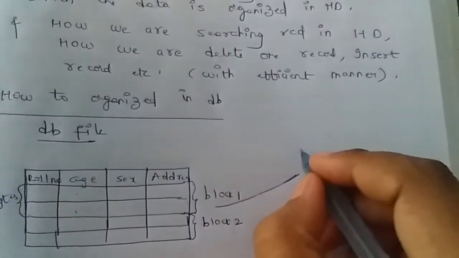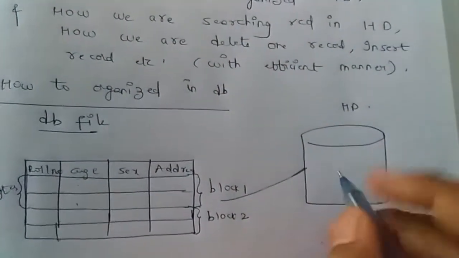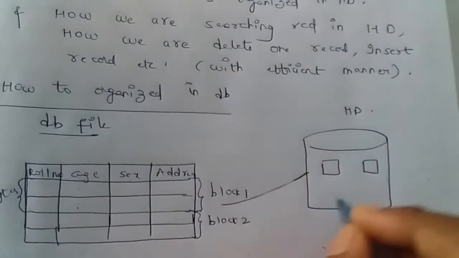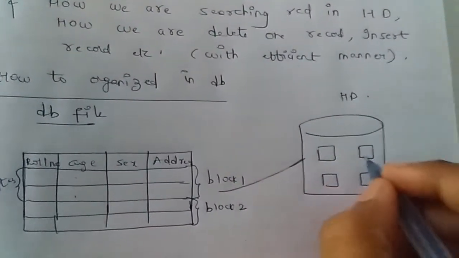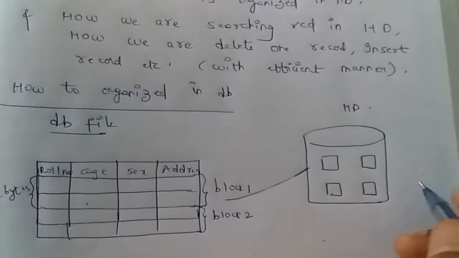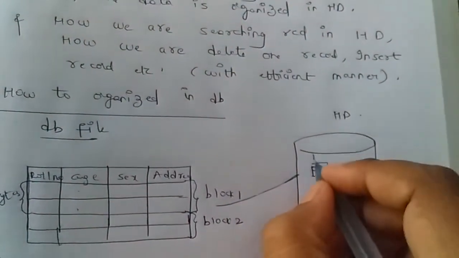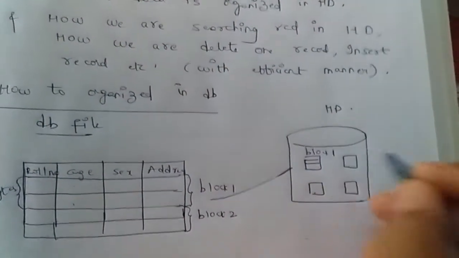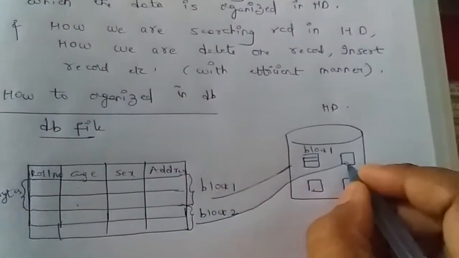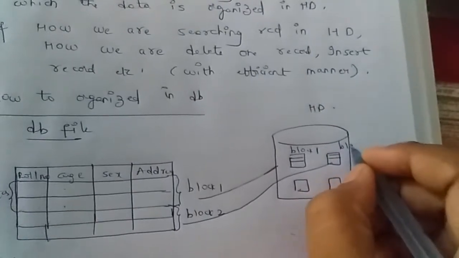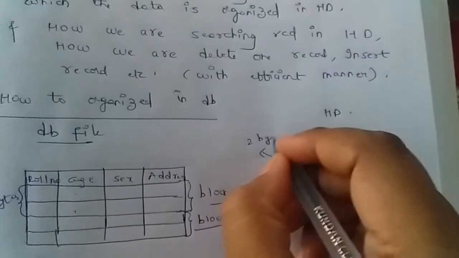Block 1 is stored in the hard disk, which contains 4 blocks: block 1, block 2, block 3, block 4. These 2 bytes are stored in the first block, and the second will be stored in the second block. Block 1 contains only 2 bytes.